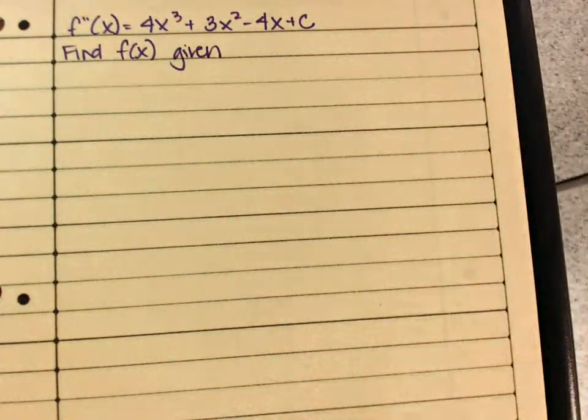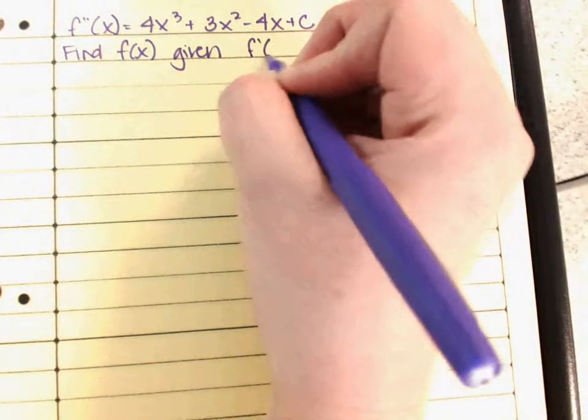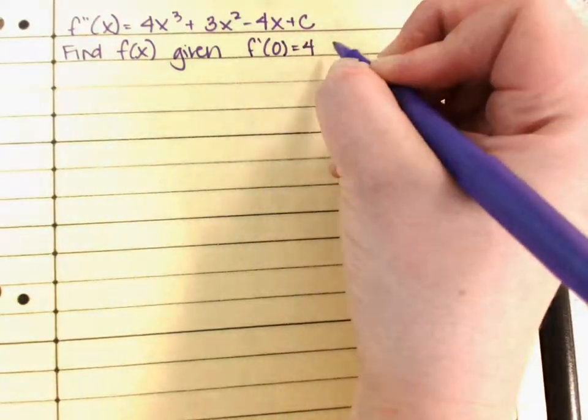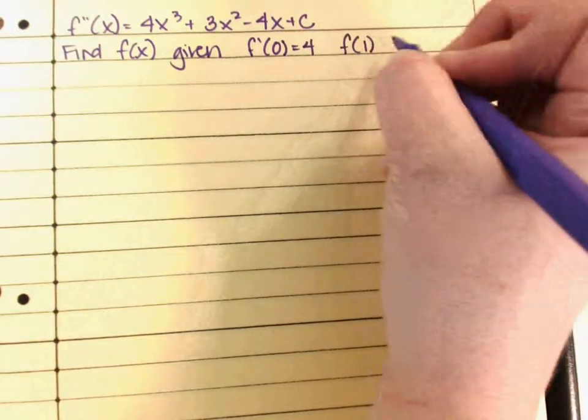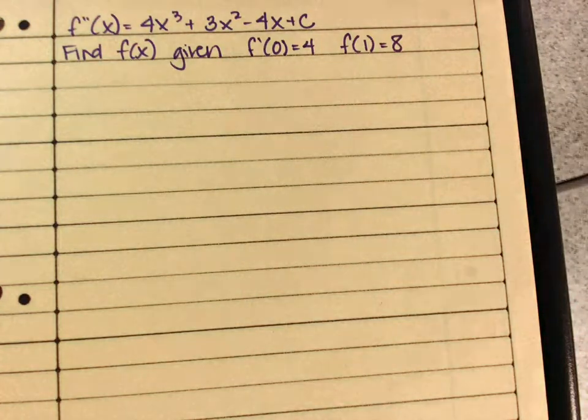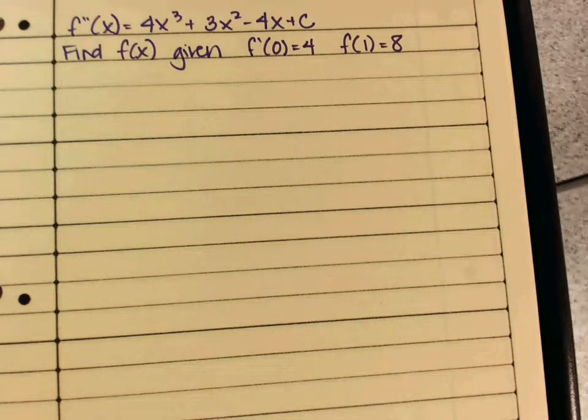Find f of x given that f prime of 0 is 4 and f of 1 is 8. Okay, now if I gave you f and asked for f double prime, you would have to do the derivative how many times? Twice, right? And if I have f double prime and I want to get to f, I'm going to have to do the antiderivative twice.